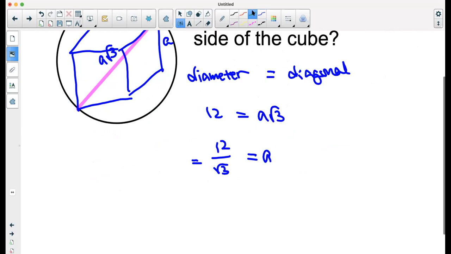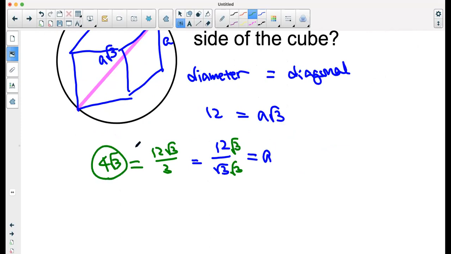When you multiply top and bottom by radical 3, we get 12 radical 3 over 3. Hence, you get 4 radical 3. So that becomes our final answer. Obviously, if you compute it, you get about 6.9.